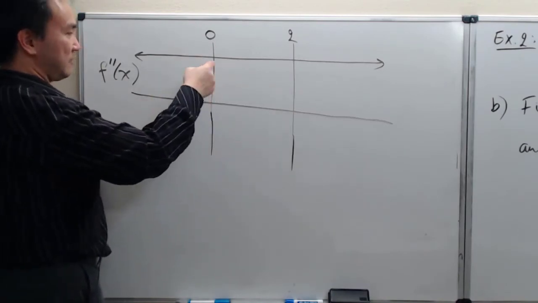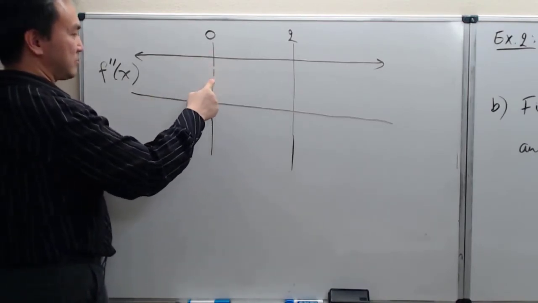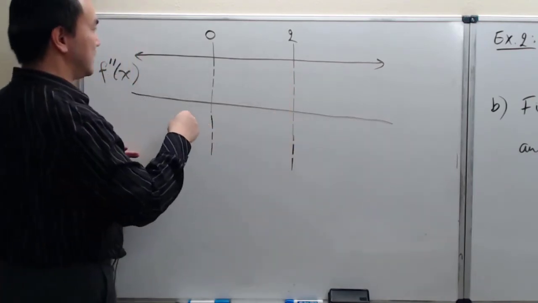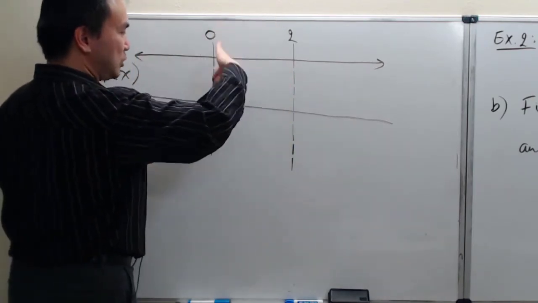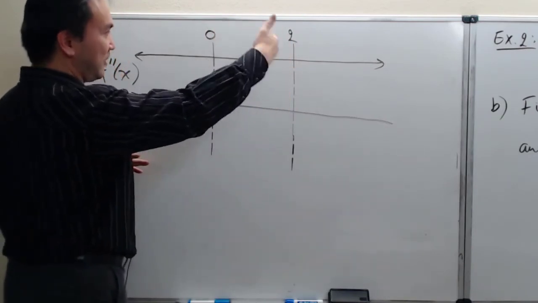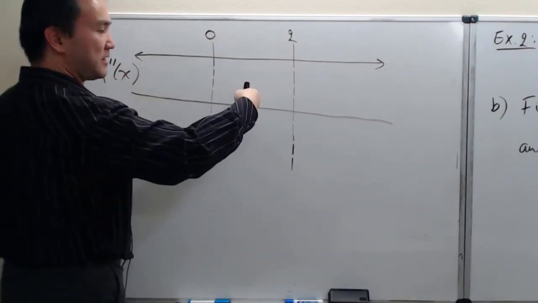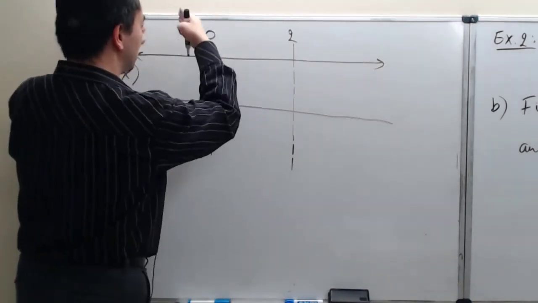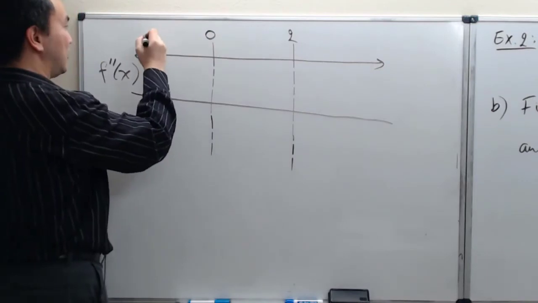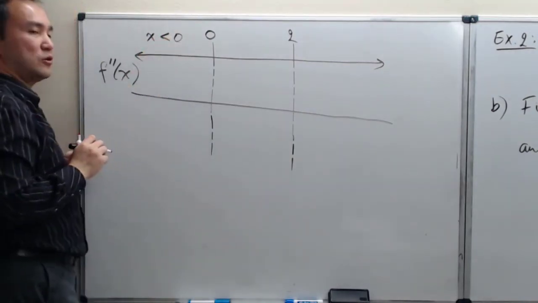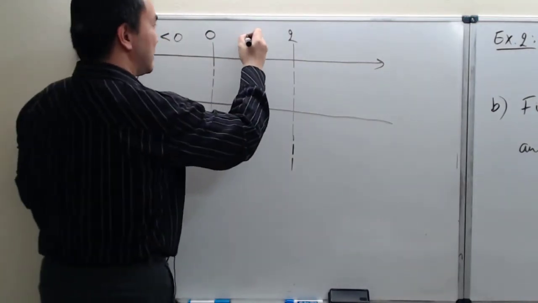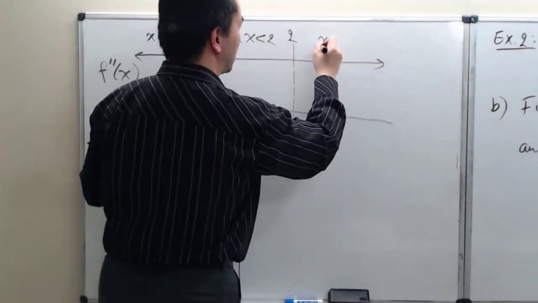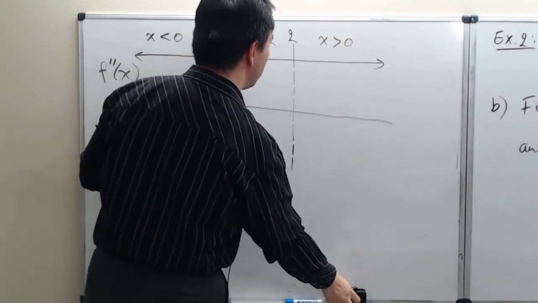Just like the sign chart we saw earlier with the first derivative test, because we have two values responsible for inflection points, once we put them on the line it breaks the whole line into three separate intervals. This interval here is for x values less than 0. The middle interval is for anywhere between 0 and 2. And this is for greater than 2.